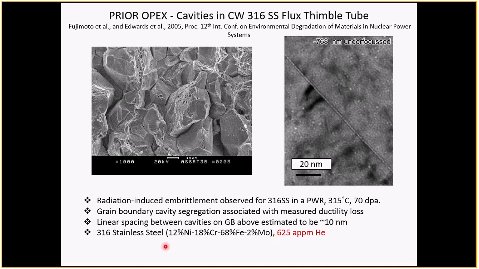In the steel, although it's only 12% nickel, for the conditions in a PWR, 315 degrees centigrade, 70 dPa, they had 625 atomic ppm of helium. And that clearly is enough to get some segregation at the boundaries, and clearly enough to change the failure mechanism so you get this intergranular failure. The question is whether it's because of this? I think highly likely.